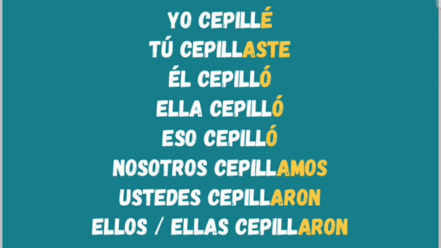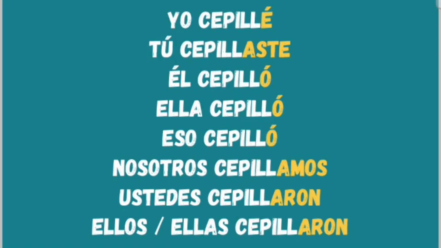Tú cepillaste. Okay, as you can see, the root word that is not changing is cepill. Okay, and then aste, because you have the personal pronoun you, which means tú in Spanish. Okay, now if you want to say he brushed, in Spanish you have to say él cepilló.